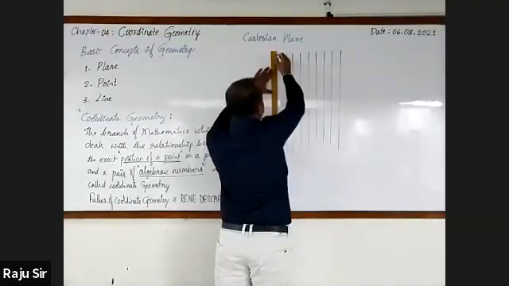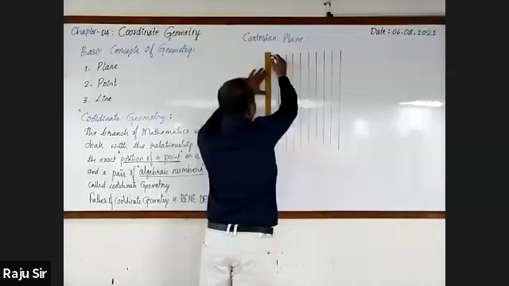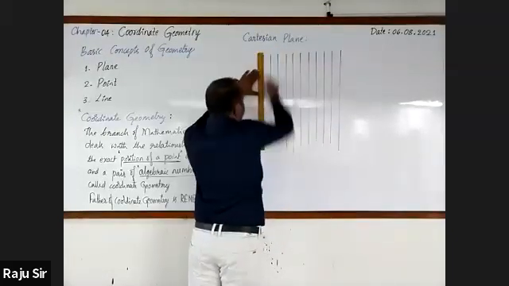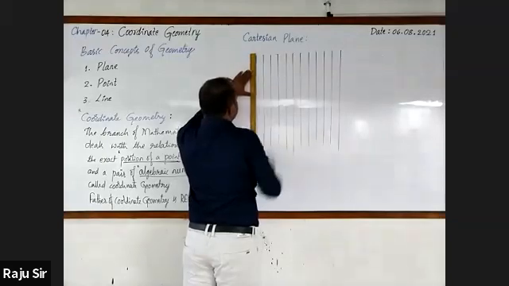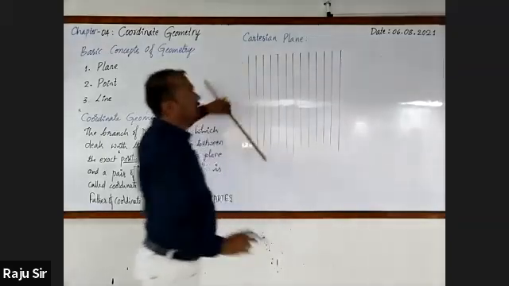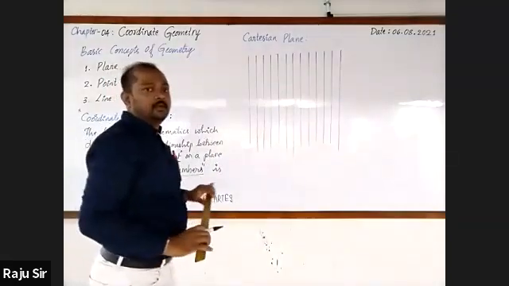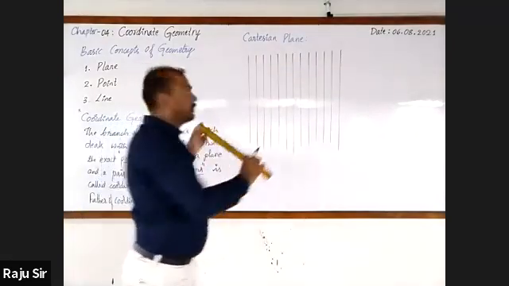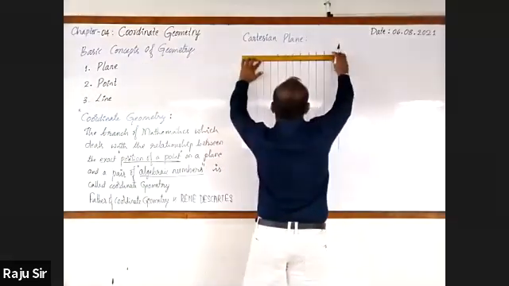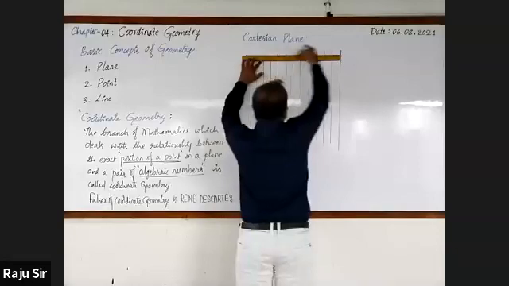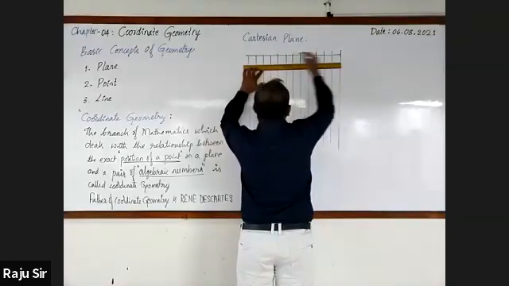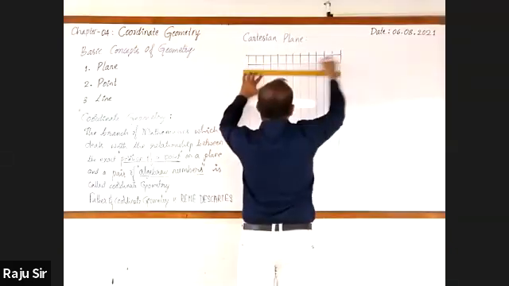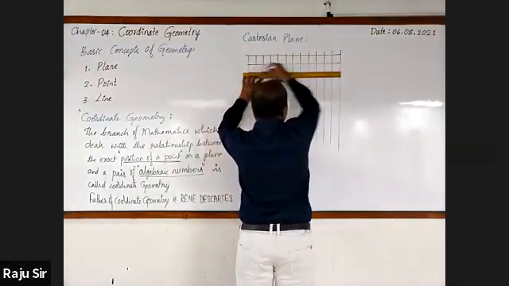8, 9, 10, 11, 12, 13. Alright. Next, draw vertical lines. First line, second one, drawing with me.